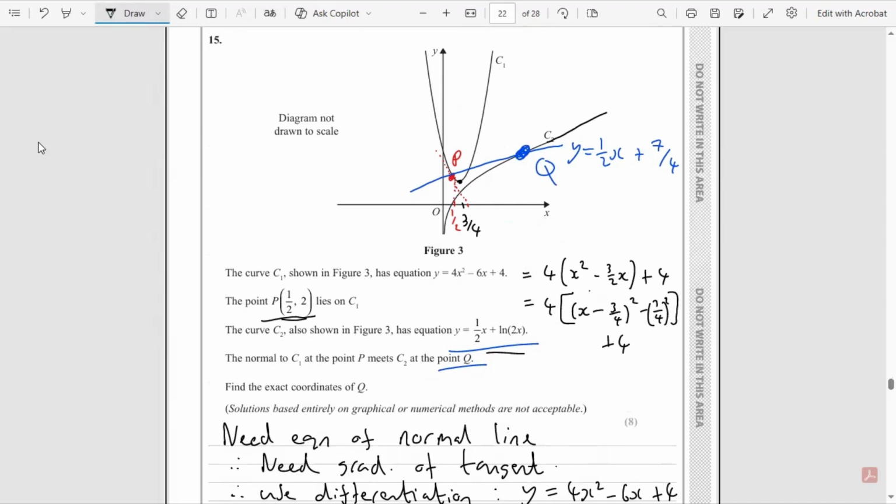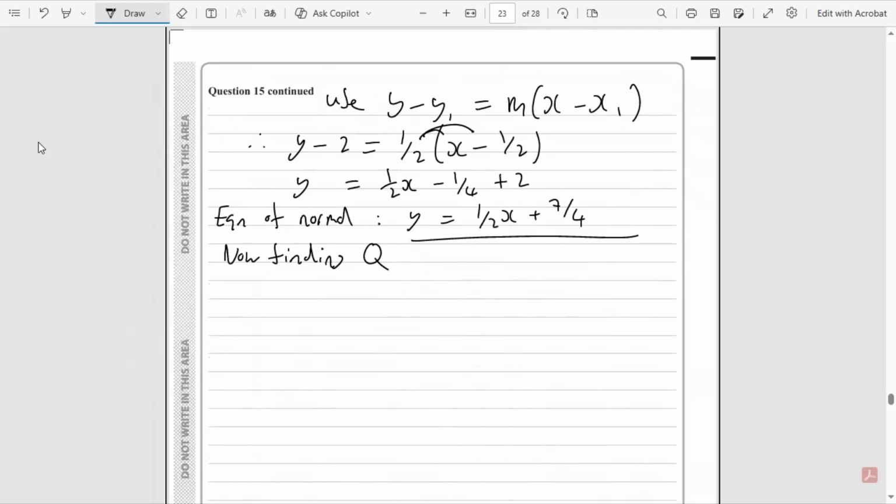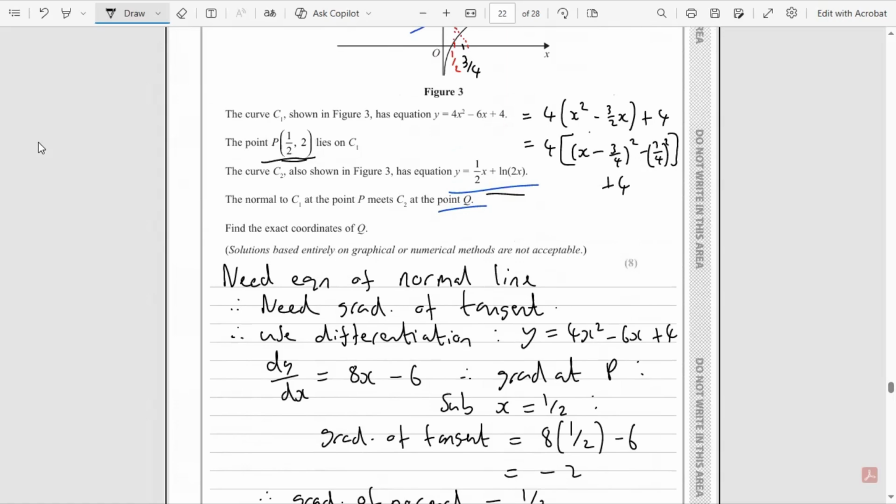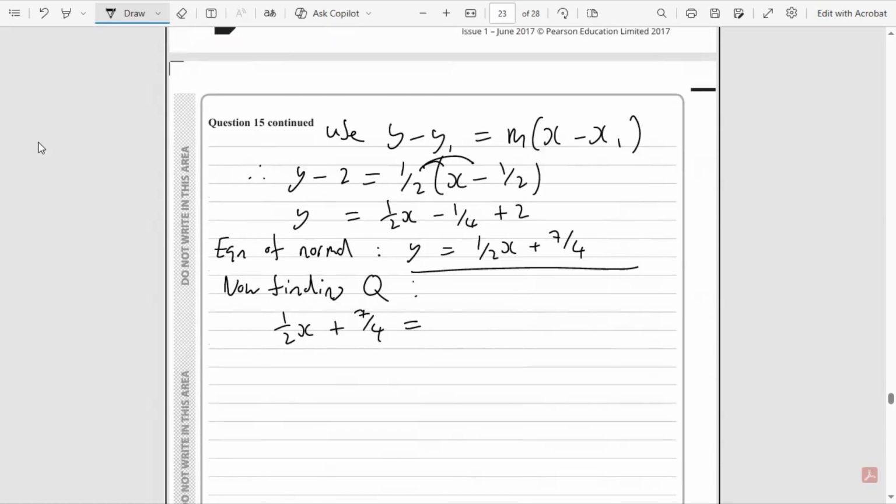Because both are given in the form y equals a function of x, we can just set the two functions equal to find our points of intersection. So we can just set the y coordinate of the line, 1/2 x plus 7/4, equal to the y coordinate of the curve, which was 1/2 x plus ln 2x.